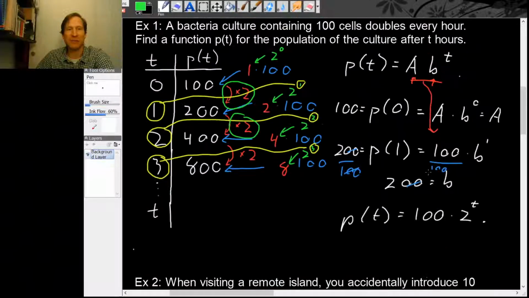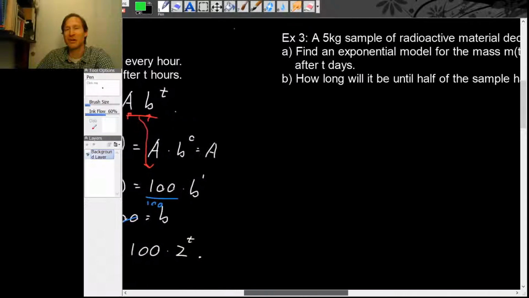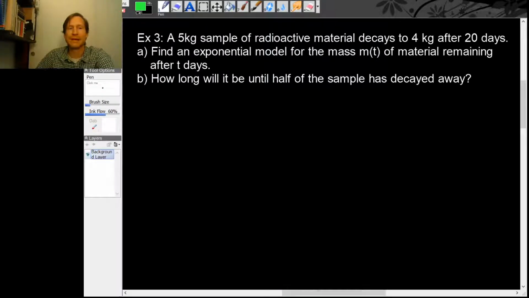let's look at one more example of a situation where exponential functions show up sort of on their own. So let's suppose that we have a 5 kilogram sample of radioactive material, and after 20 days that 5 kilograms decays to 4 kilograms.